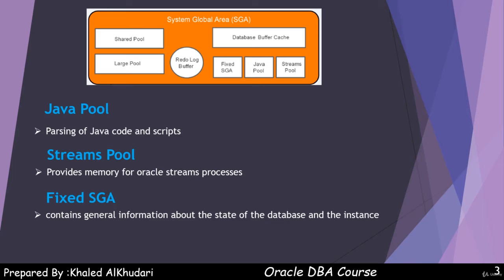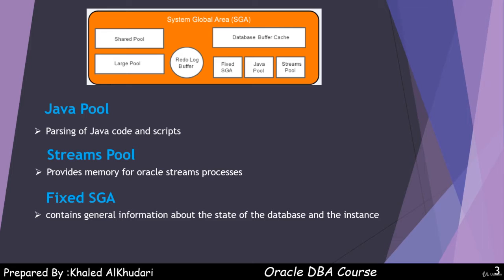Now we also have Java pool, streams pool, and fixed SGA. Let's make it simple. The Java pool is for parsing of Java code and scripts, so it is a memory for Java code. We have the streams pool, a memory that provides for stream processes. What is the meaning of Oracle Streams?